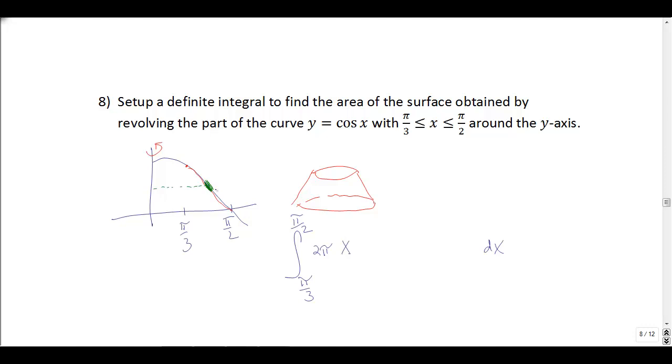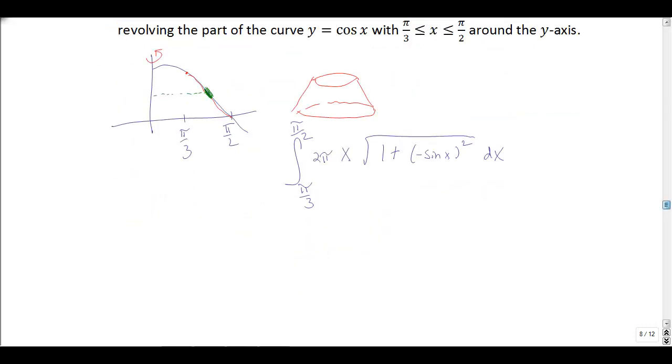And then the slant height is going to be the square root of 1 plus f prime of x squared. This is like our arc length differential. So the derivative of cosine x is negative sine x, squared. So we get this integral here.